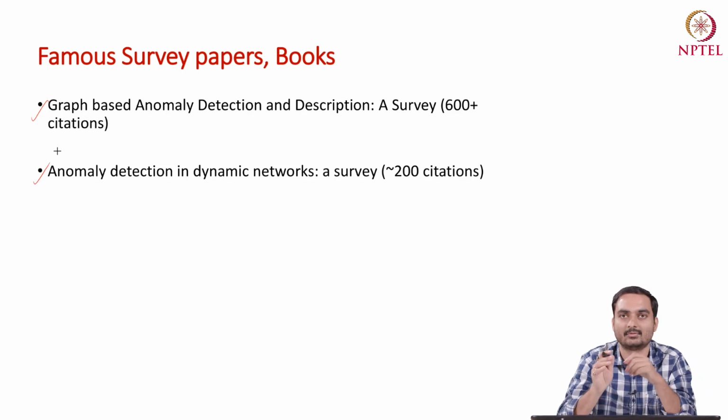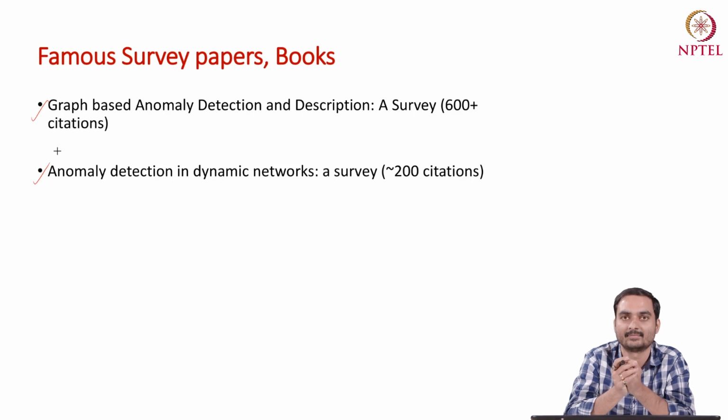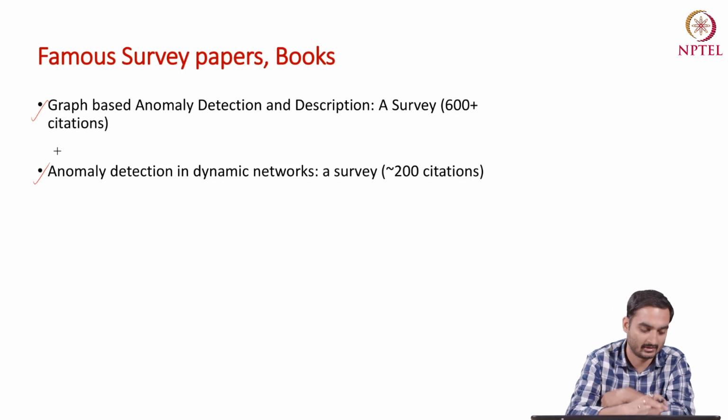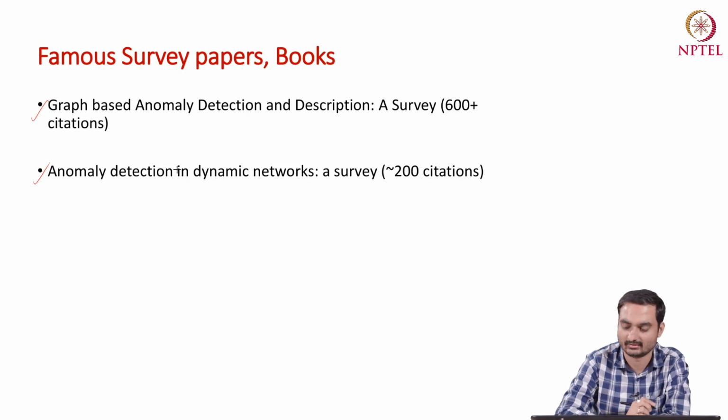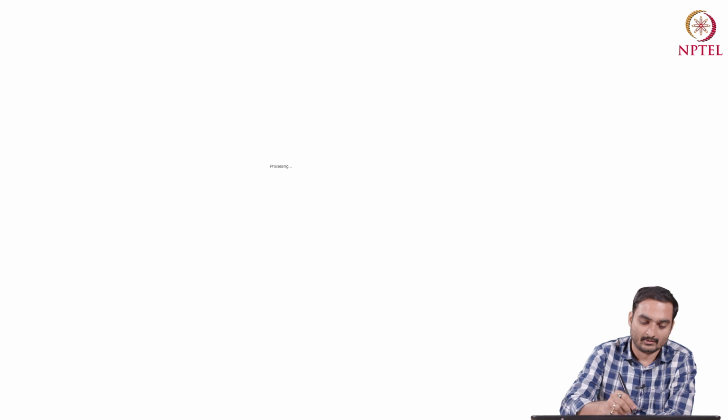I will try to give you a brief of the methods that we generally follow for anomaly detection. But if you really want to go deeper into each and every method, you should look at the survey papers. I will cover some important algorithms which are generally used for graph anomaly detection, but of course those few algorithms are not enough. Okay. All right.